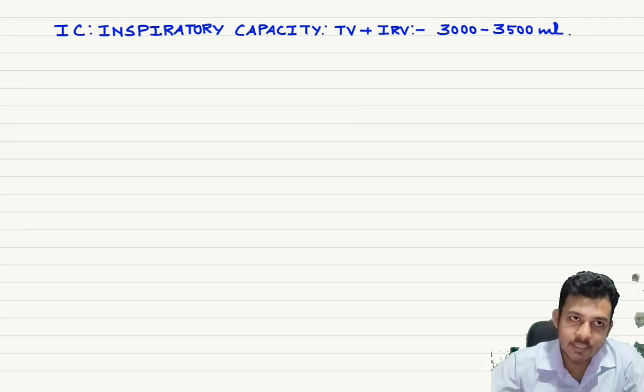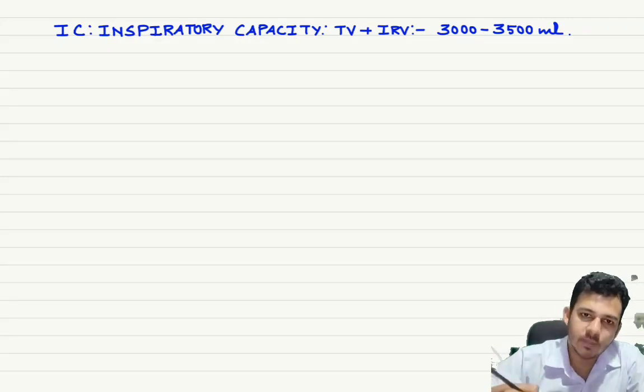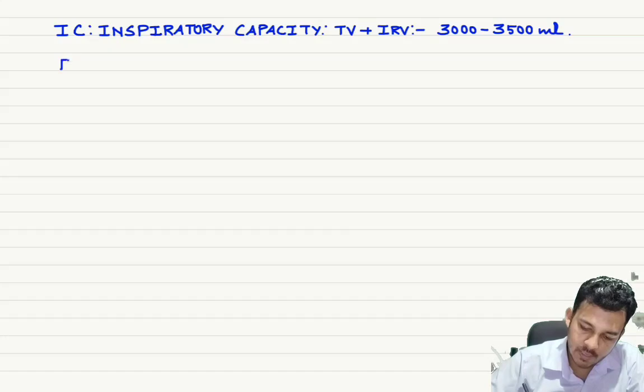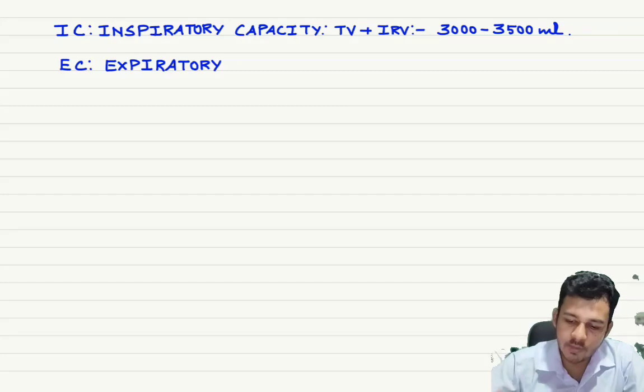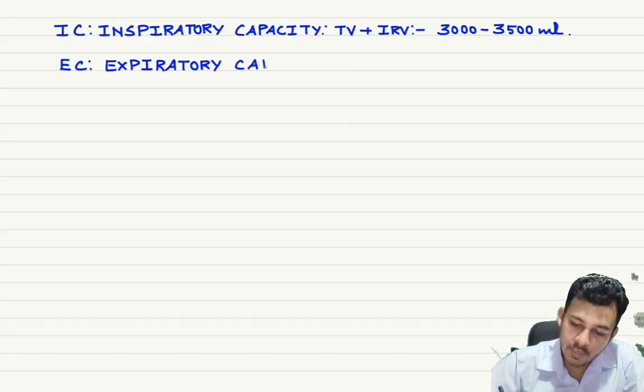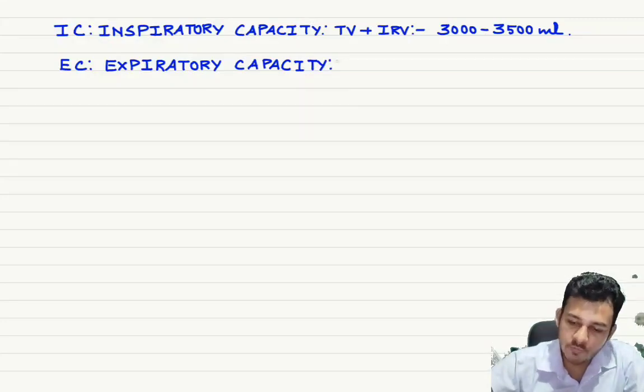Going ahead to the next capacity that you need to remember, if there is something called inspiratory capacity, definitely expiratory capacity is bound to be present. Now what is expiratory capacity? Again, whatever the volume of air that you can expire after normal inspiration, that means after taking a normal tidal volume, whatever the volume of air that you can expire, that would consist of the tidal volume and the forceful expiration that you can do after that.